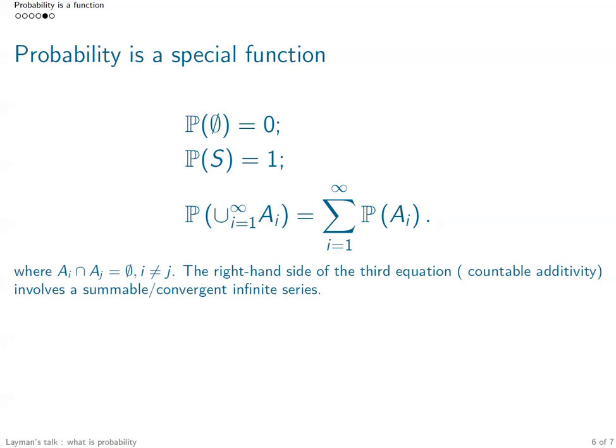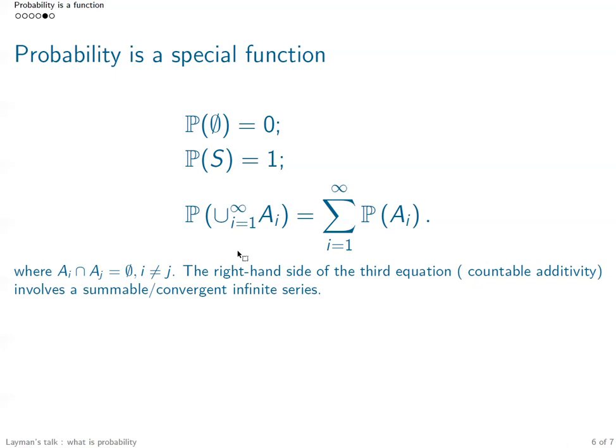Suppose now we have a bunch of disjoint events, A_i, and those events are disjoint, so at most only one of these can happen. Then consider the probability that one of these events happens. The third equation simply requires that this probability has to be equal to the sum of the individual probabilities.